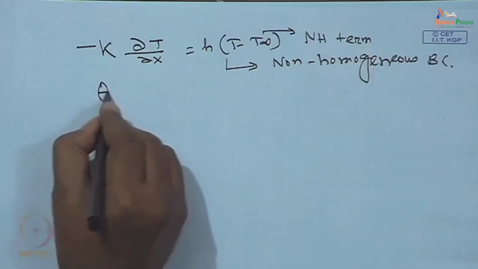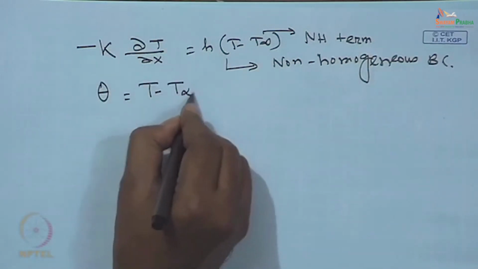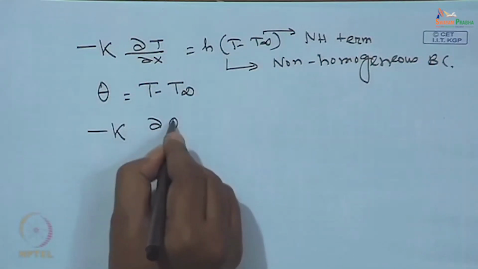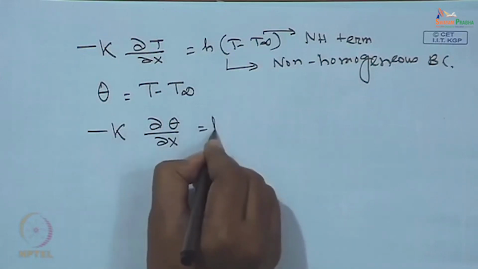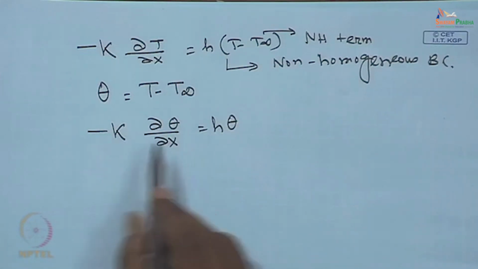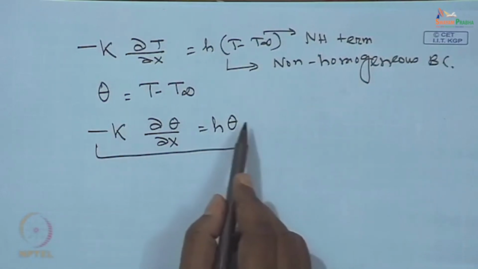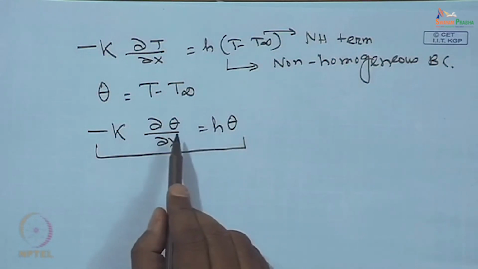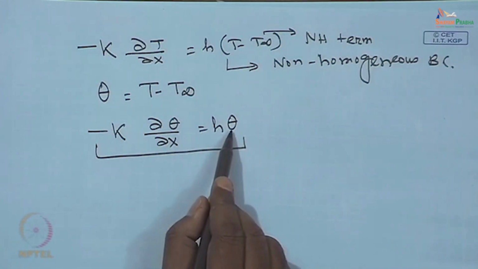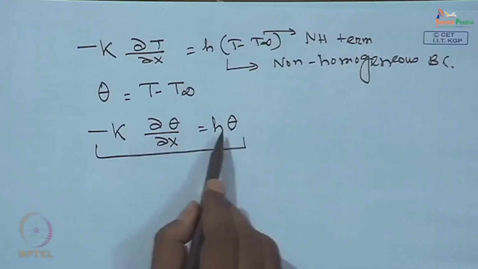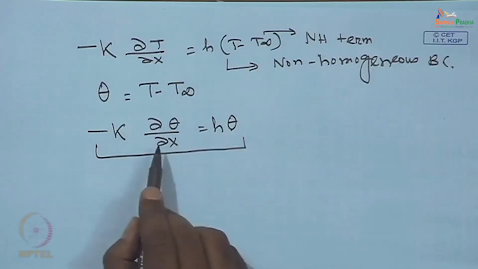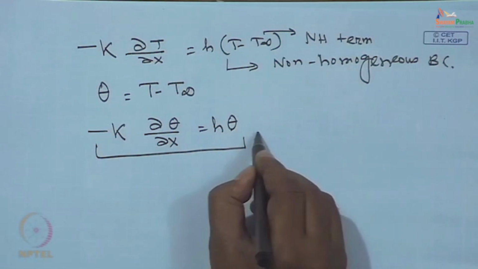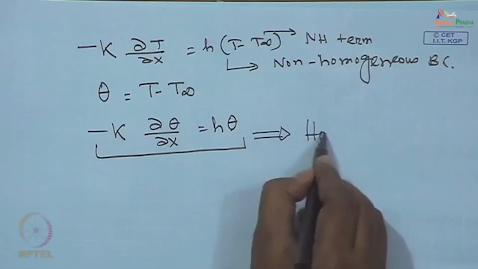If we now define theta such that theta equals T minus T infinity, then this boundary condition becomes k del theta del x is equal to h into theta. But in this particular form of the equation, there is no term present which is not a function of theta or its derivative. Both the terms contain either the dependent variable theta or its derivative. So, this equation becomes a homogeneous boundary condition.